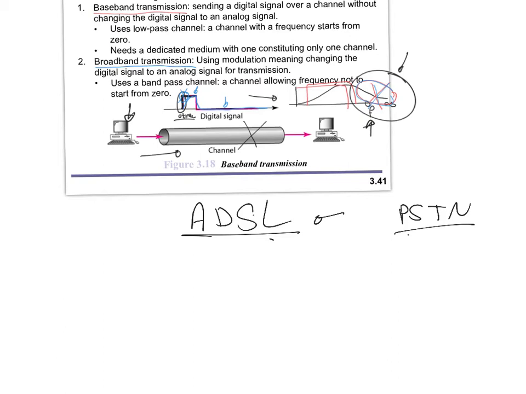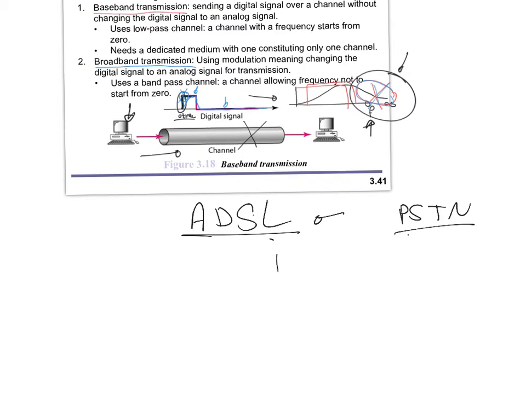So the first thing that they thought about is, why not use the same telephone lines that we have at home to transfer or to download some data from the internet. So we connect to Ooredoo through the landlines. So we might as well use these landlines for communication over the internet.